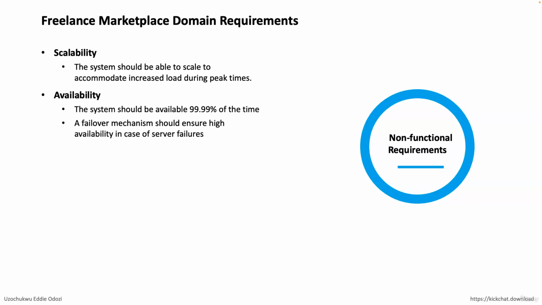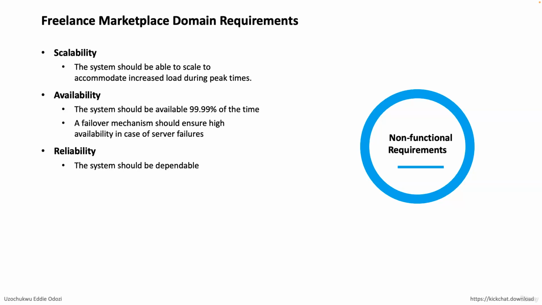You should also have a failover mechanism in case your system fails. In that case, we would probably deploy our application to different availability zones. If one availability zone is down, the other continues running.